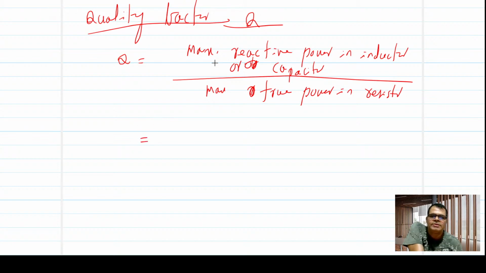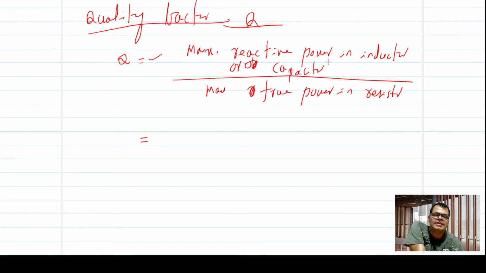So can anyone say what is the maximum reactive power? Q times. Yeah. So that is the byproduct result you are telling. Okay. By how much factor voltage and current are amplified. But this is the definition.